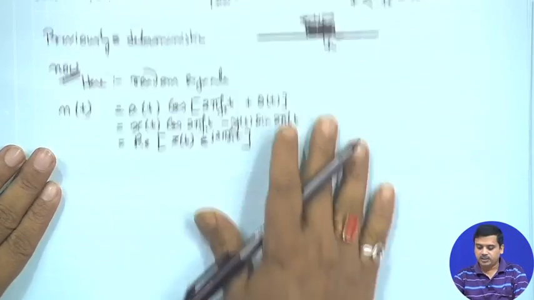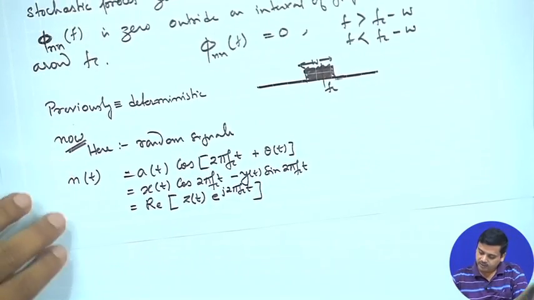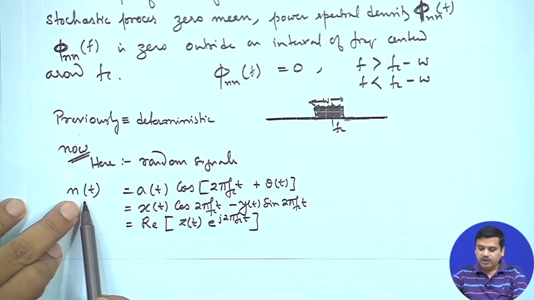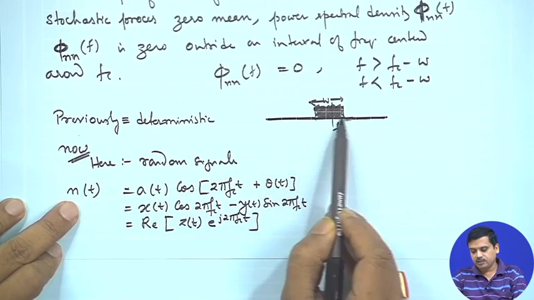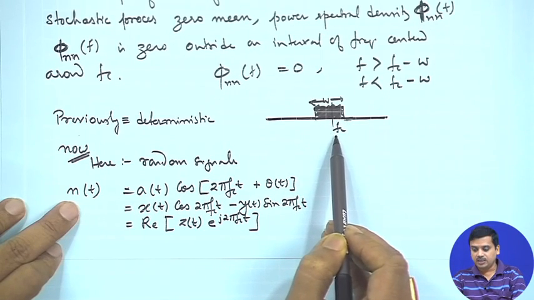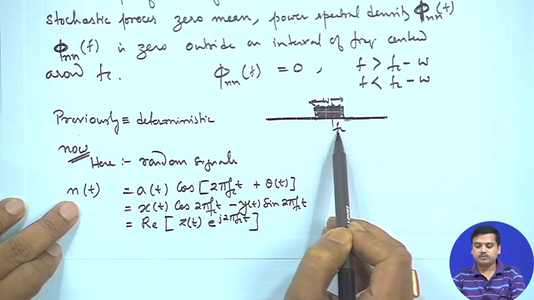So, please note here that all that we have said is this is a sample function of a signal which is band limited to W centered around f_c, and W is much smaller than f_c.